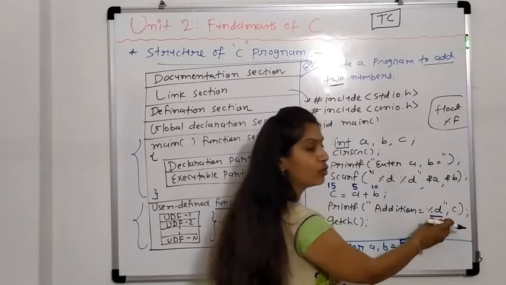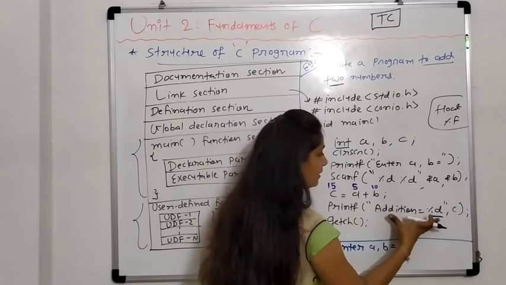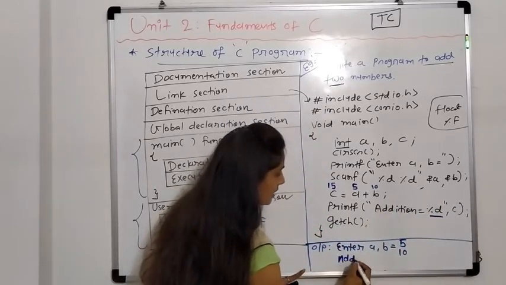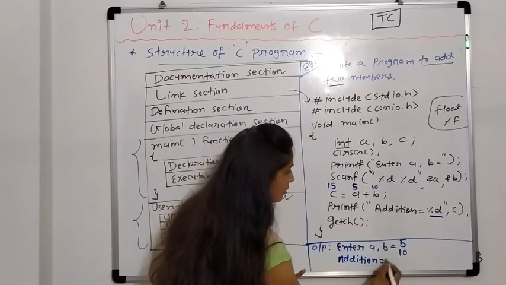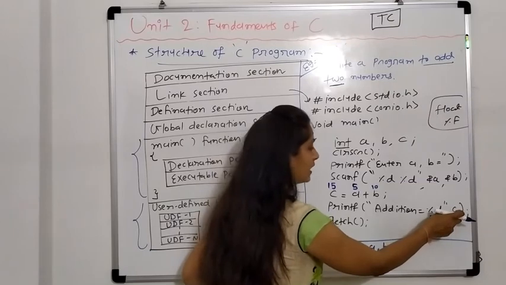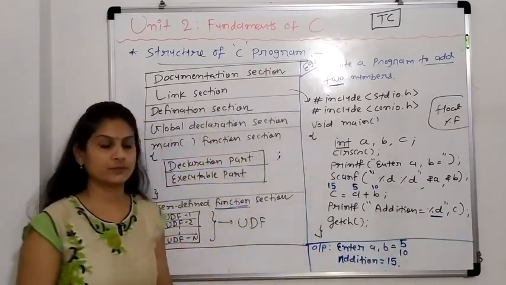So here the value of c will be displayed, inside the printf's double inverted commas. So the answer printed is addition equals, not %d, here the integer value of c is put, that is 15. This is the output of the program.